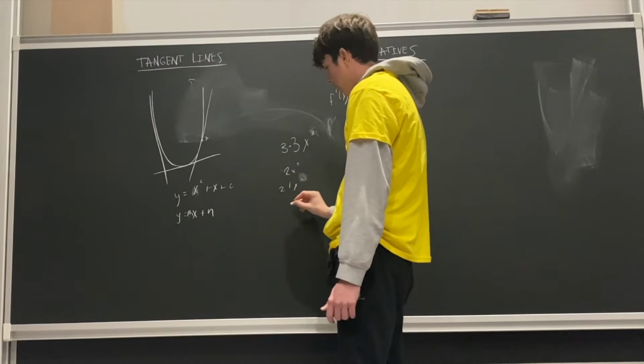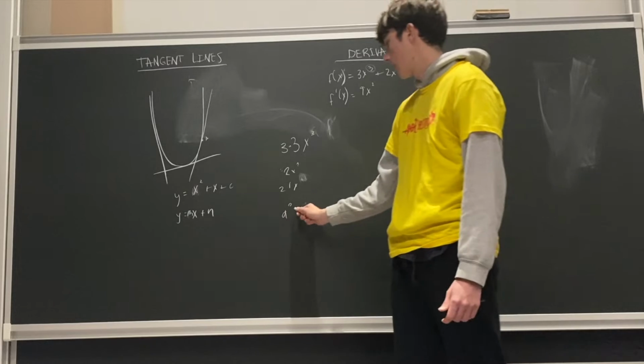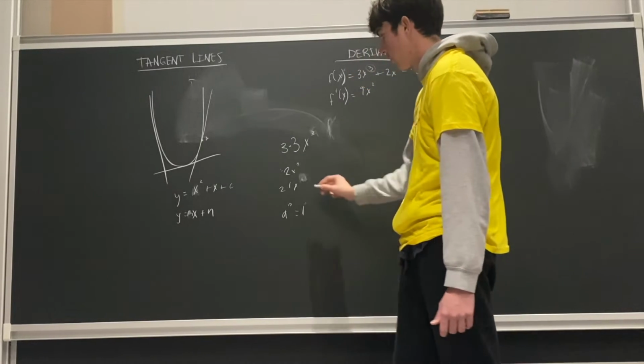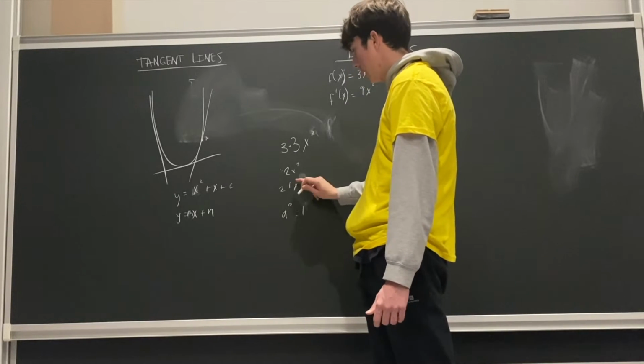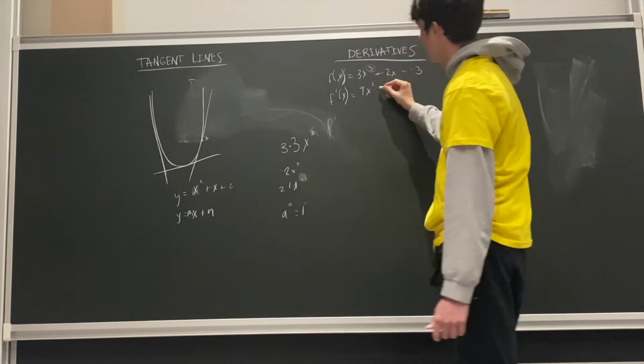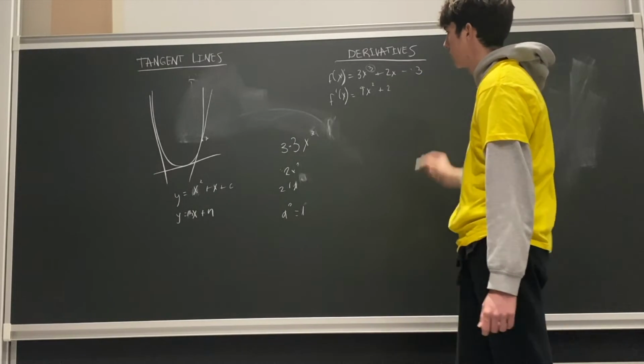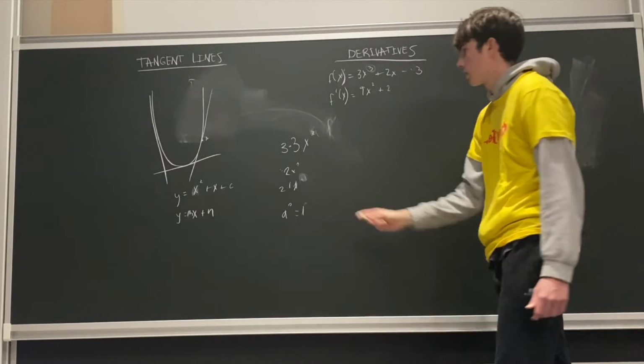When a number is to the 0 power, that is equal to 1. Therefore, here we have 2 times 1, and the x to the 0 turns into a 1. Therefore, here we have just 2, since this follows this logic, okay?